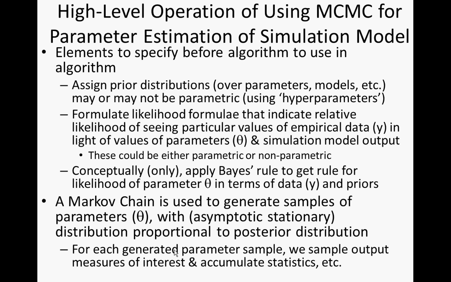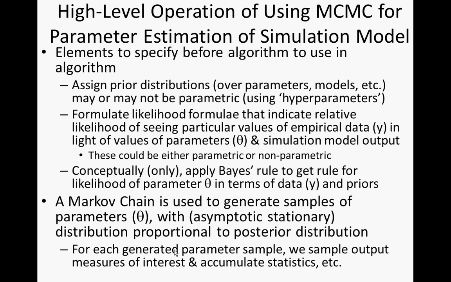So given the likelihood and the prior, by multiplying them, we're going to get an estimate for the relative value of the posterior for a given set of theta, implicit simulation model output resulting from that, and how likely that is to explain the data. So Bayes' rule is conceptually applied to arrive at the posterior. We'll see that's a very simple step. It simply involves multiplying those first two elements, the prior and the likelihood.